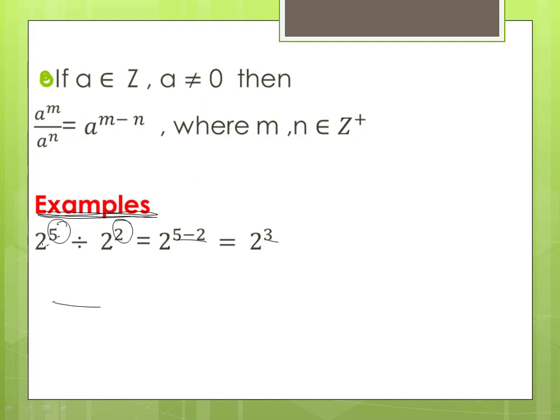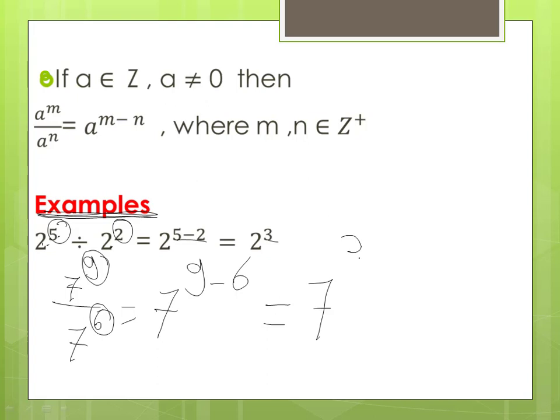If we have 7 to the power 9 divided by 7 to the power 6 equals, 7 are the same base. So we write 7 here also, and we make the powers minus. We make 9 minus 6. So it equals 7 to the power 3.